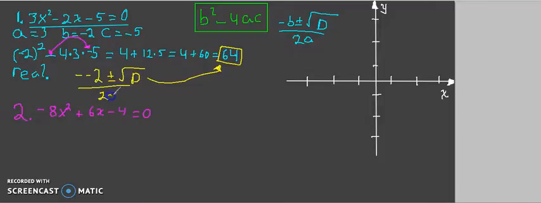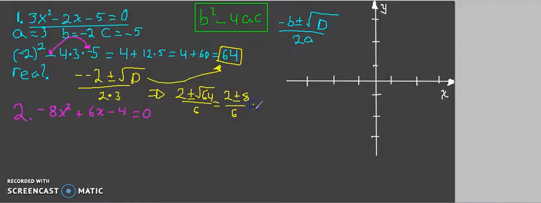We know what that is, so we can just go ahead and plug that in. So once we simplify it, this becomes 2 plus or minus the square root of 64 over 6, which is equal to 2 plus or minus 8 over 6.